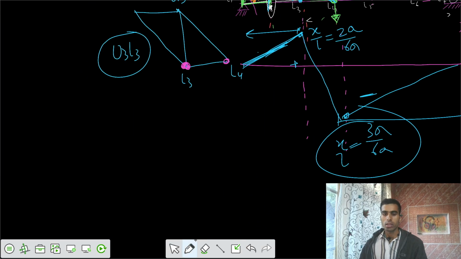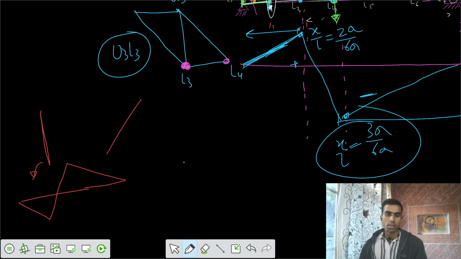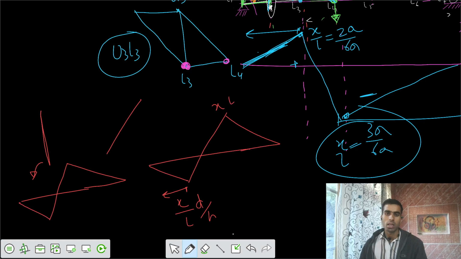So the difference we got, if you compare vertical with the diagonal members, is that the diagram is the same, but the ordinates differ by a factor of cosecant theta. If this was some value of x by L d by h, here we have only the value of x by L, for the value of x in this direction.